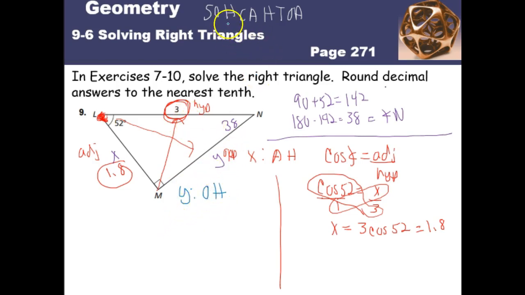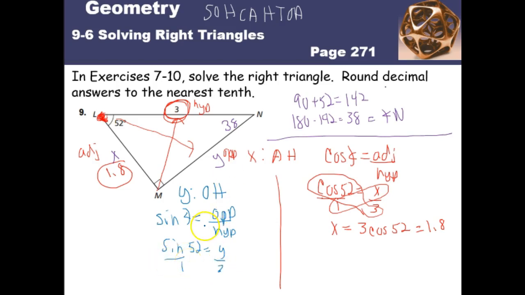So opposite and hypotenuse is sine. So I'm going to say the sine of the angle equals the opposite over the hypotenuse. So the sine of my angle is 52, and that's equal to the opposite, which is y, over the hypotenuse, which is 3.